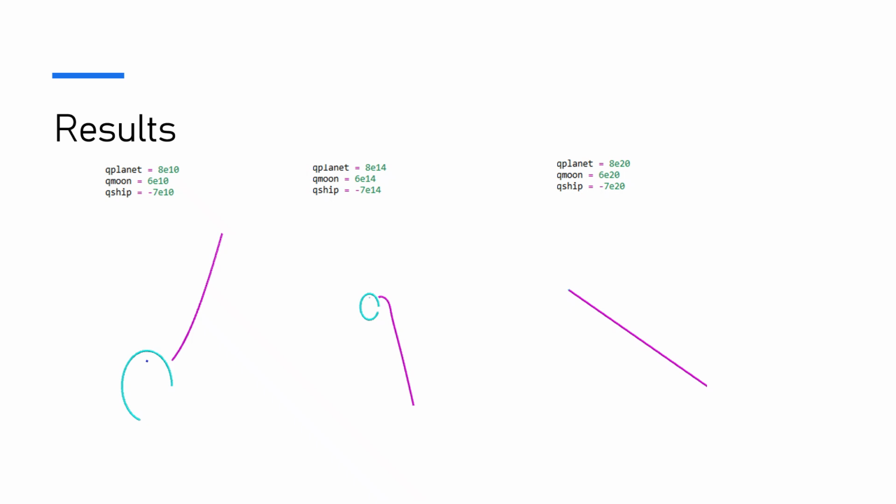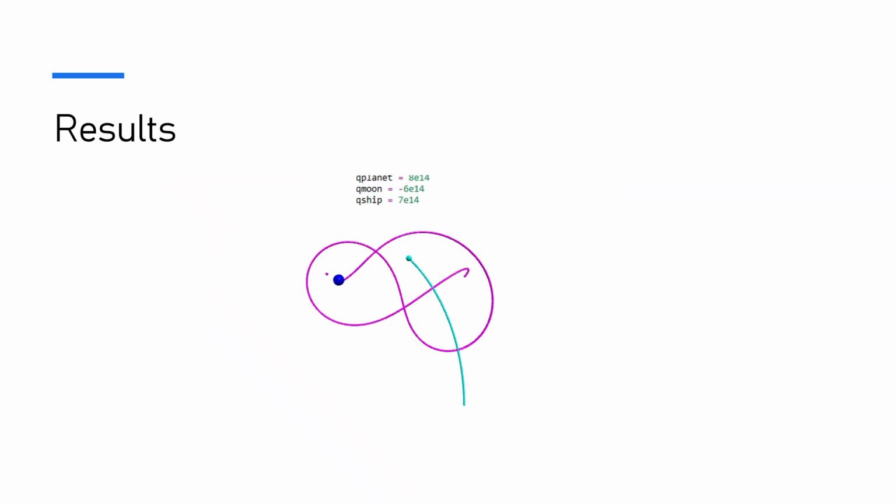And so for the second one, we go up to 10 to the 14. And so the ship makes a neat curve, nothing crazy. Then we go up to 10 to the 20, and the ship is just gone. It's away. So as you can see, the scaling of electric charges is much crazier than gravitational.